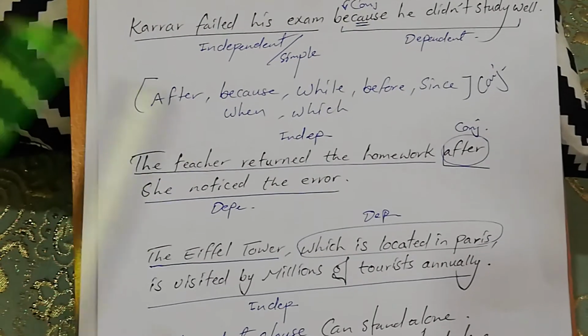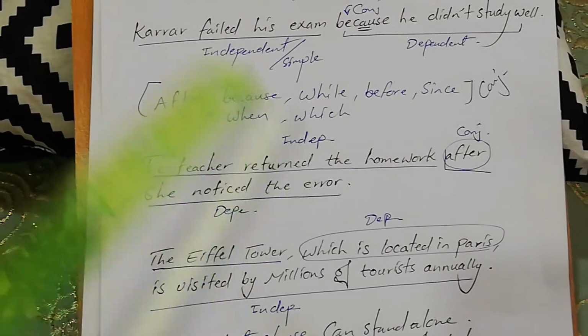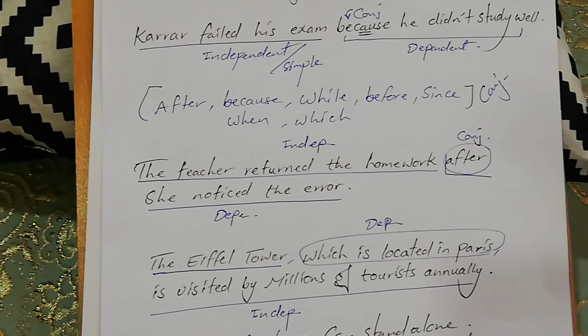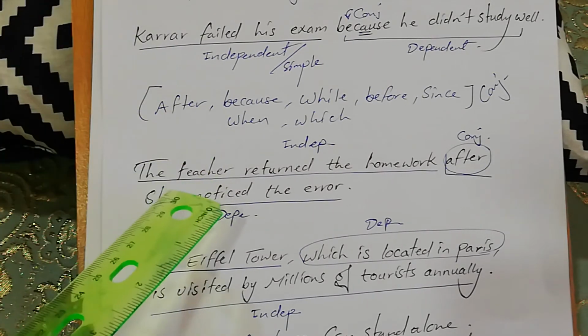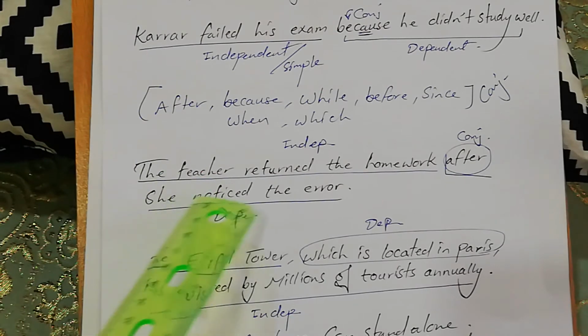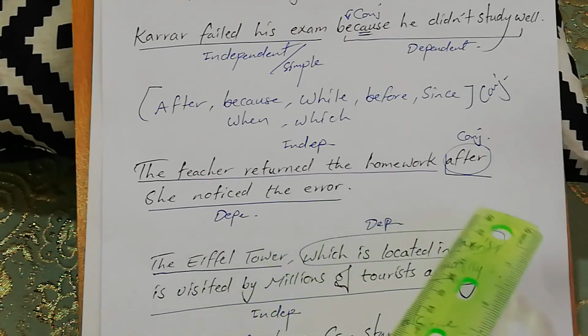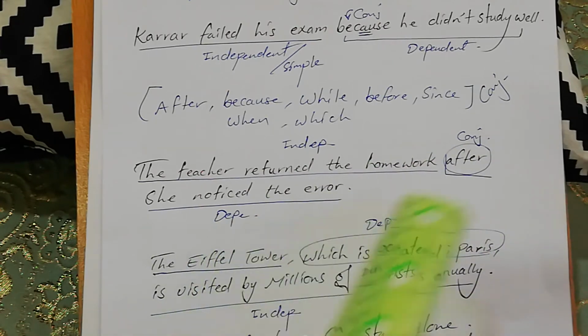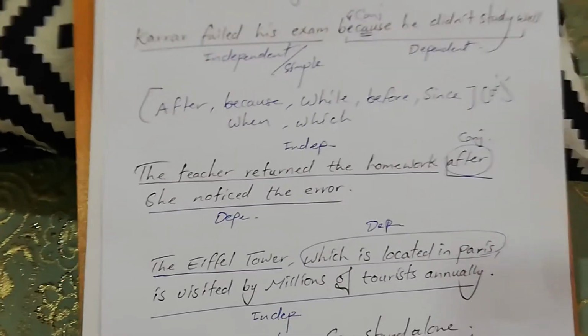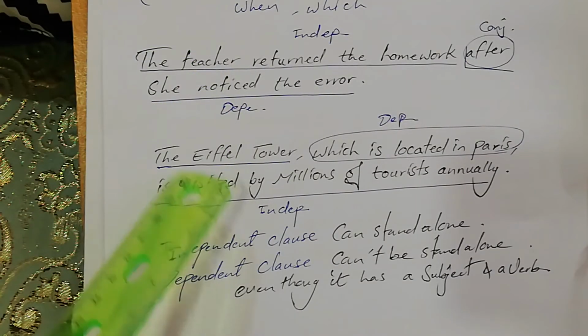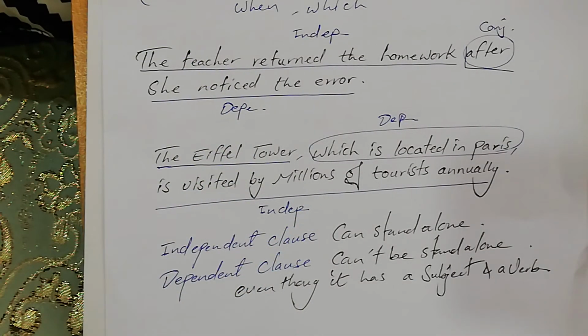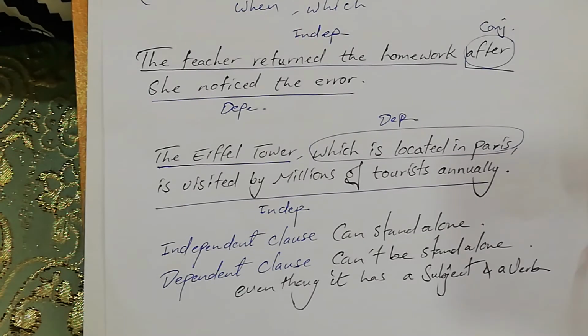The teacher returned the homework after she noticed the error. Just like the first one, here the teacher returned the homework is independent, whereas after she noticed the error is a dependent clause. Here it is the conjunction. Another example: The Eiffel Tower, which is located in Paris, is visited by millions of tourists annually, يعني سنويا.